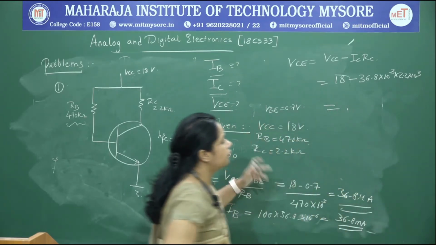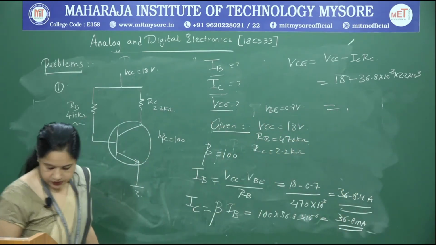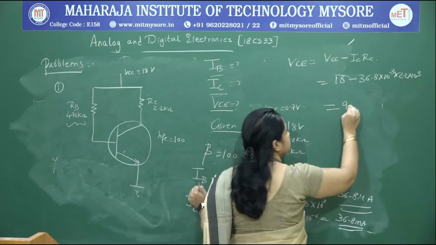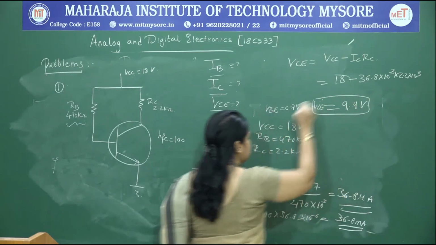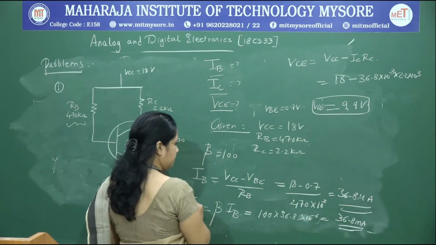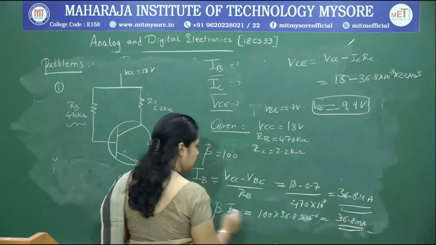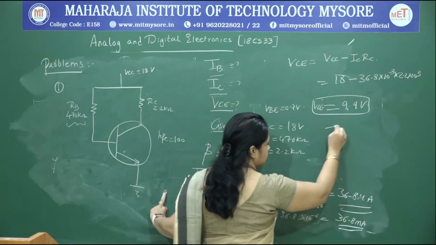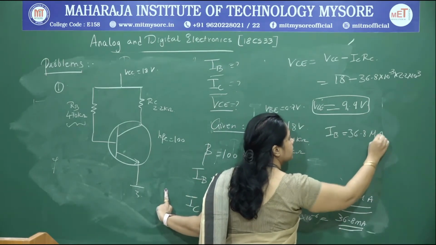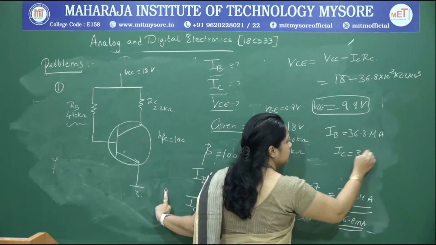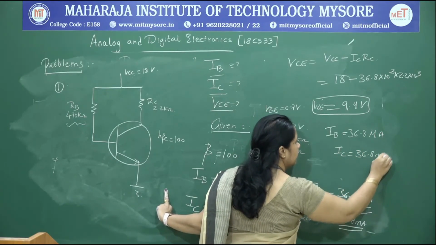You substitute this, I have already calculated this for you, it is 9.9 volts. So we have determined VCE is 9.9 volts, IB is 36.8 microamps and IC is 36.8 milliamps.